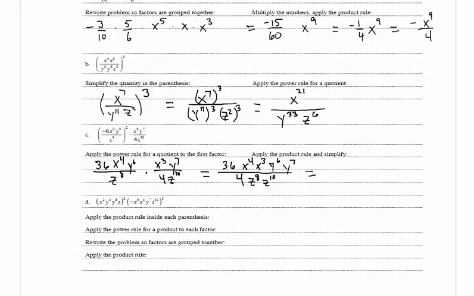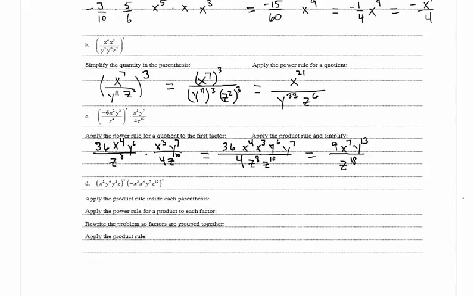And this is equal to 36 over 4 can be reduced to 9 over 1, so I have a 9 in the numerator. And then I have x to the fourth times x cubed is x to the seventh. And y to the sixth times y to the seventh is y to the 13th. Divided by, we've already simplified the 4. And now we have z to the 8th times z to the 10th is z to the 18th power.